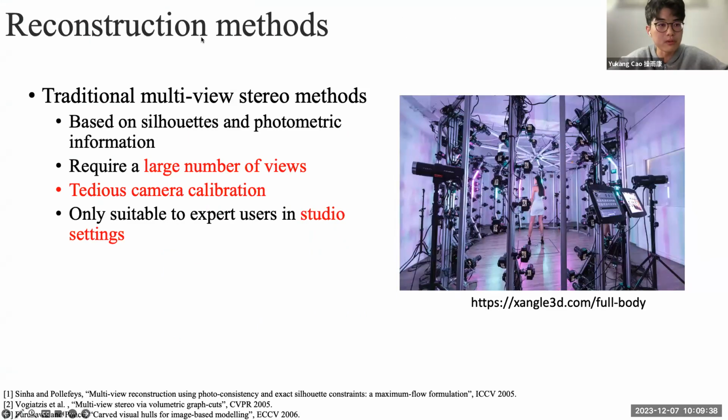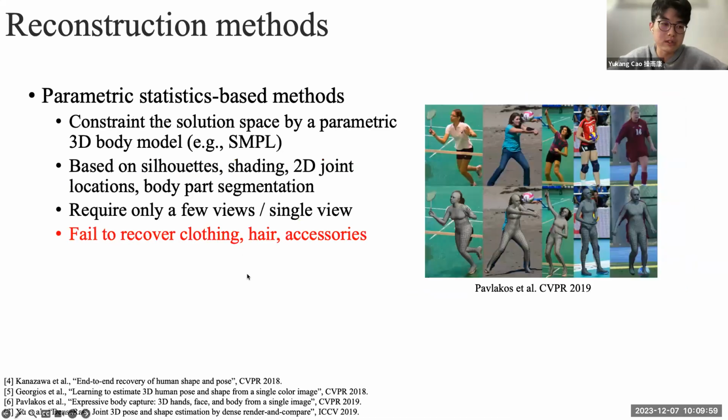To construct such 3D human geometries, traditional methods rely on a multi-view stereo setup that utilizes both silhouette and photometric information. Moreover, these methods often require a significant number of views and careful calibration, which can prevent the practical application in the real world. So after the traditional methods, parametric statistical methods were then developed.